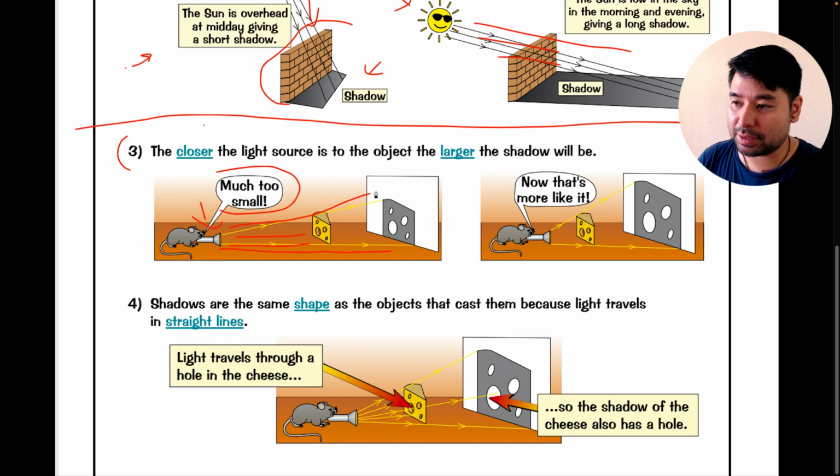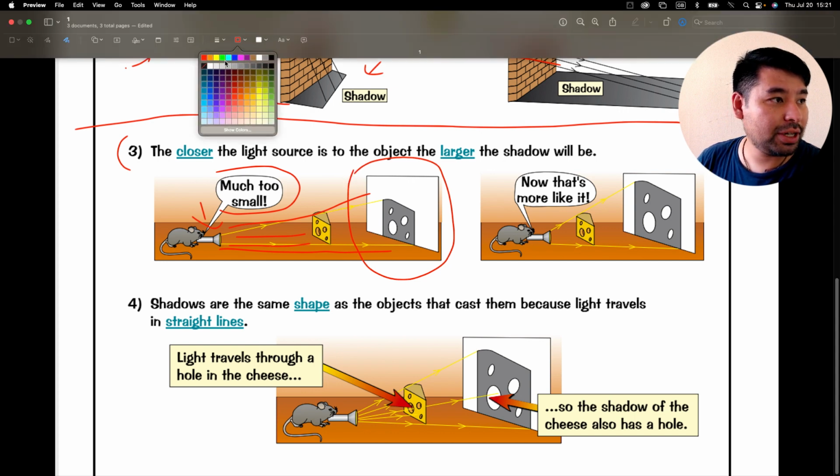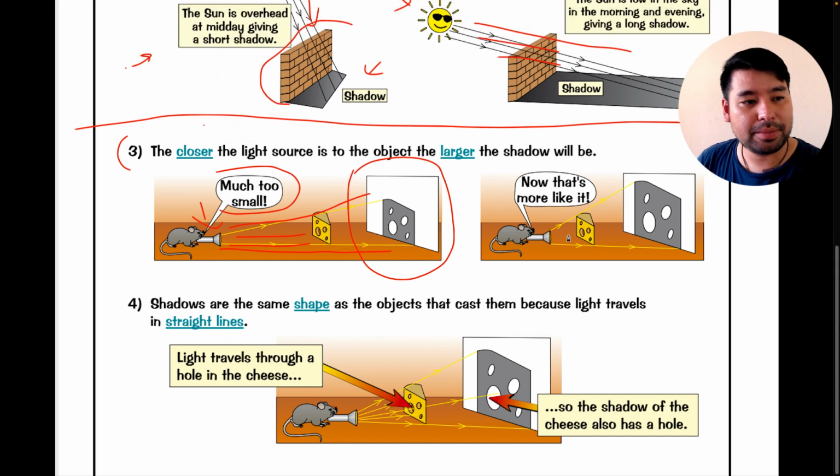So we have this size projected. But if I change the distance a little bit, can you see here that it's really close, right? Now that is more like it. This is much bigger now. So probably the little mouse is happier, because take a look, how big is the cheese shadow?